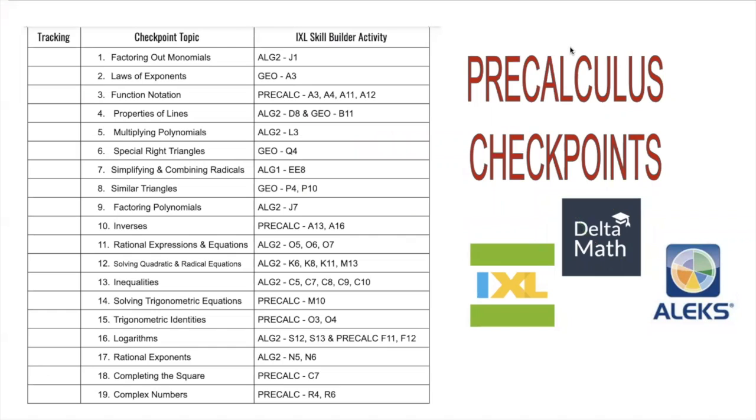The pre-calculus checkpoints are a list of skills that the students should master before they go on to the next math course. Through these 3 programs, I will work with them to start mastering these skills. I will launch the checkpoints towards the middle of September.